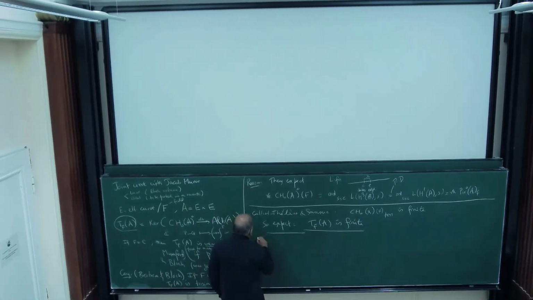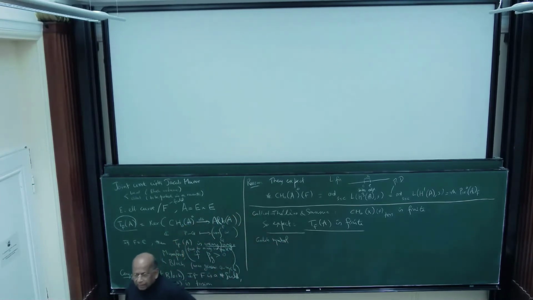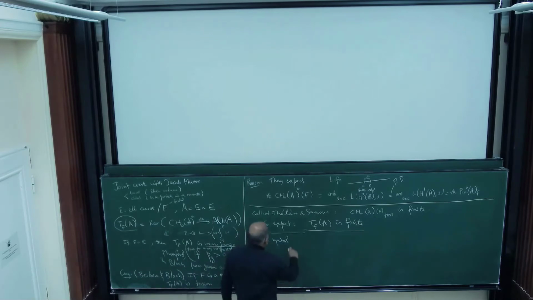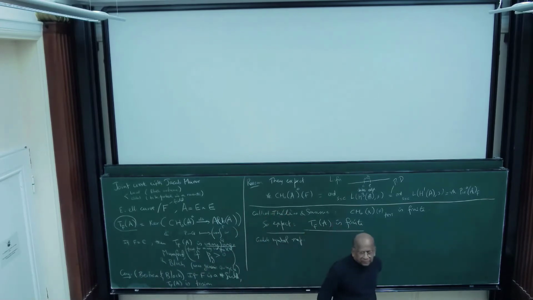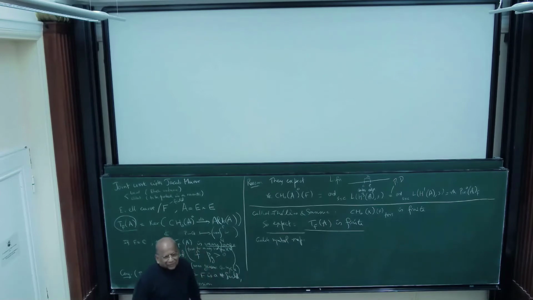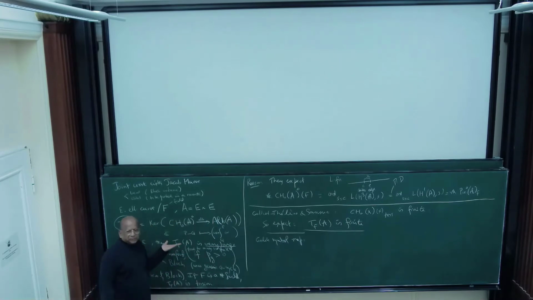So the Galois symbol map. Just before that, are there special cases of this conjecture which are known to be true? Say if you take E to be CM type elliptic curves? No, it's not known for any, as far as I know. Of course, that's the ultimate goal, to find one case where it is true. In fact, I should say that it's not known for any surface where PG is positive.